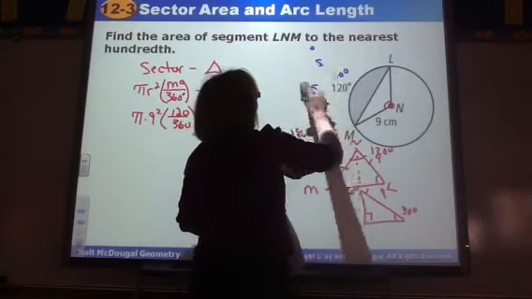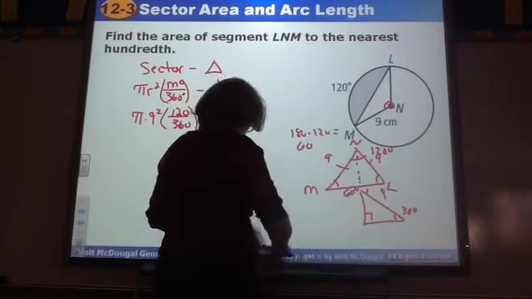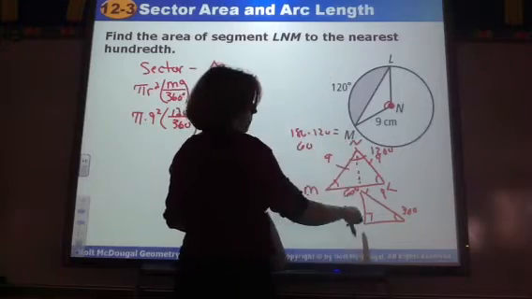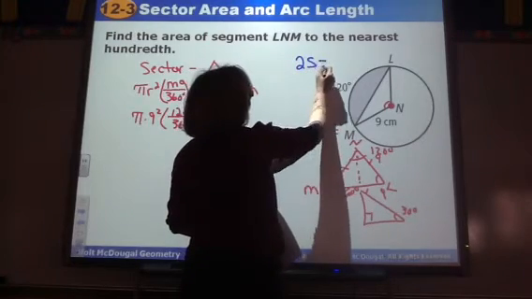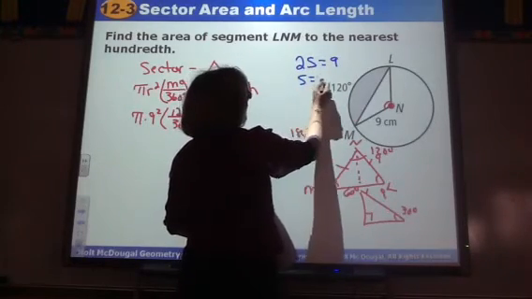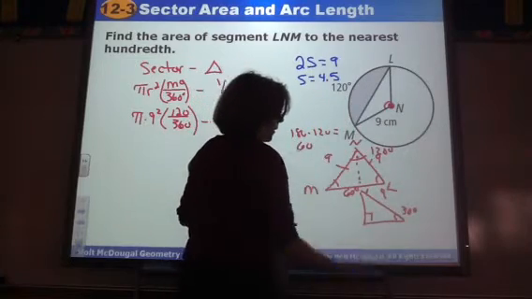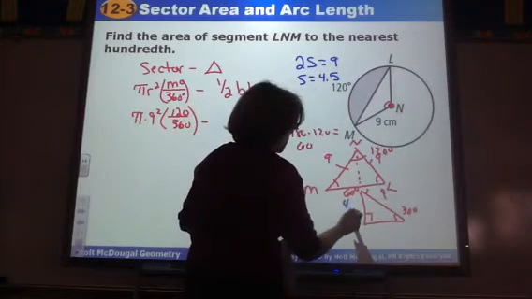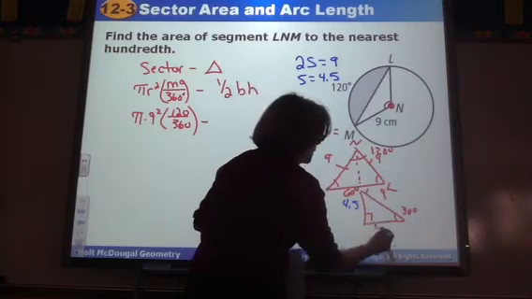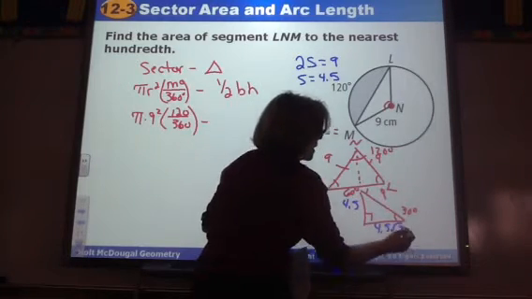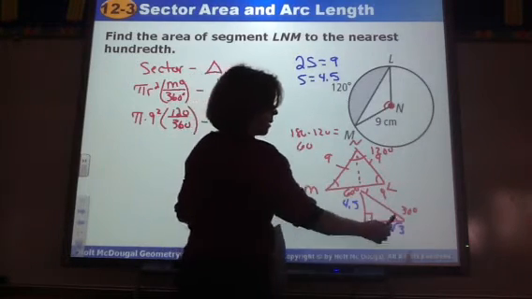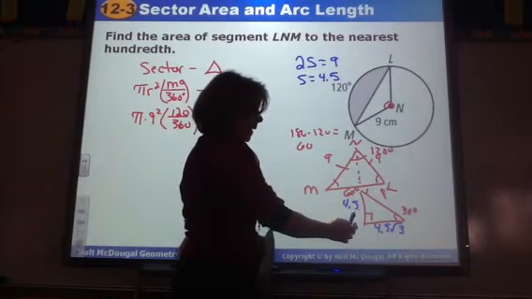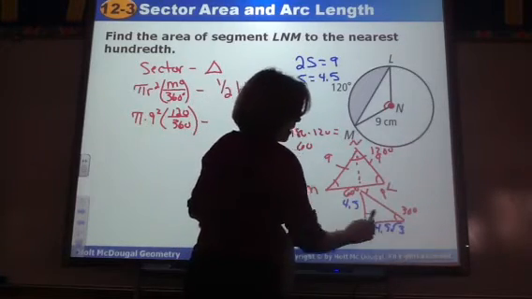So let me erase this. So if the hypotenuse is 2 side and it equals 9, my side is 4.5. Therefore, across from the 30 is 4.5, and across from the 60 is 4.5 times the square root of 3. Because across from your 30 is your side, and across from your 60 is your side times square root of 3.